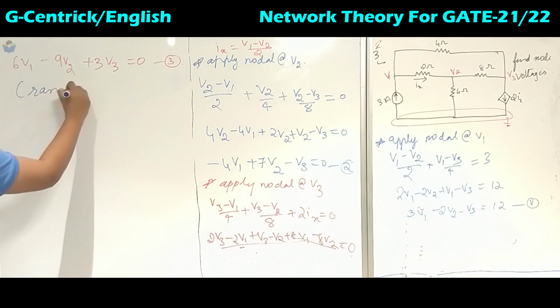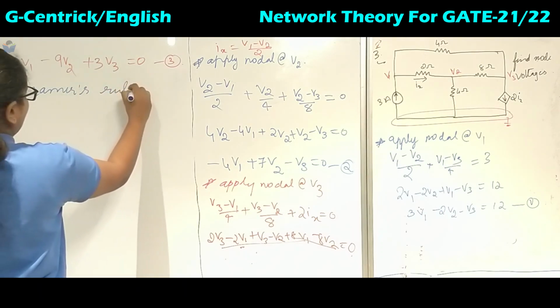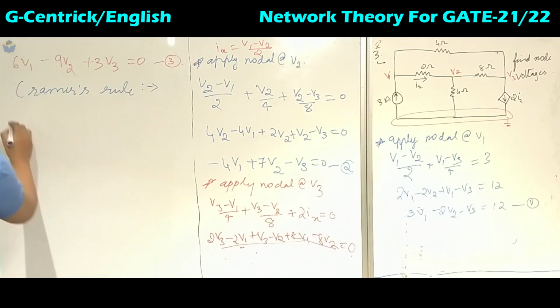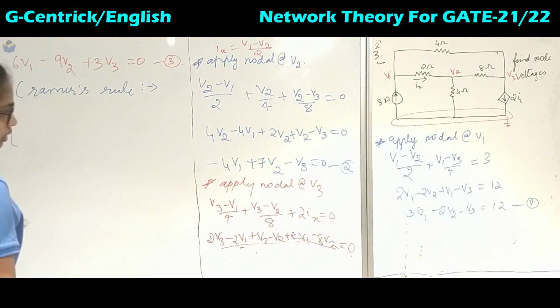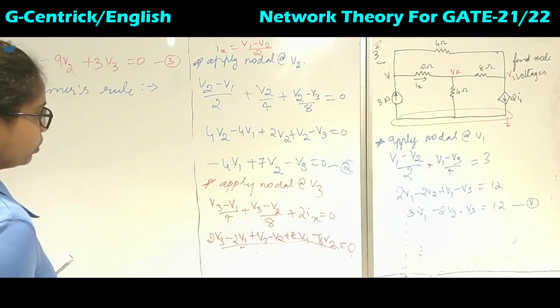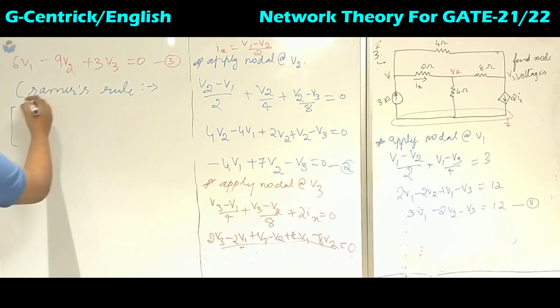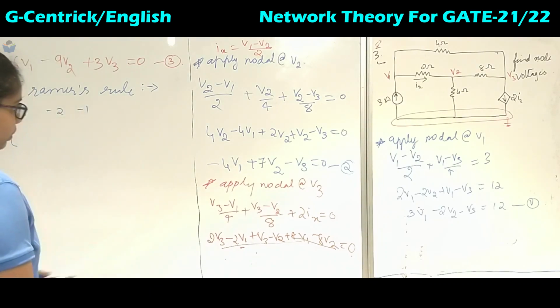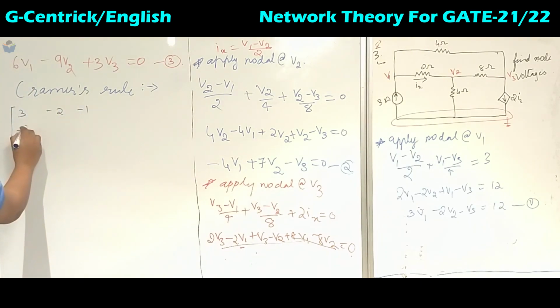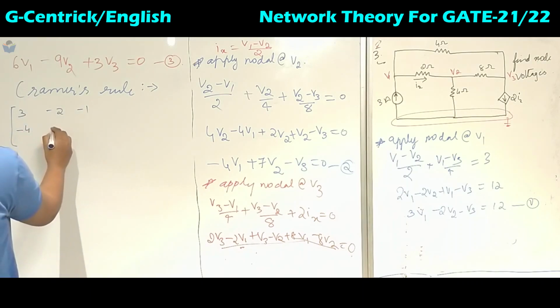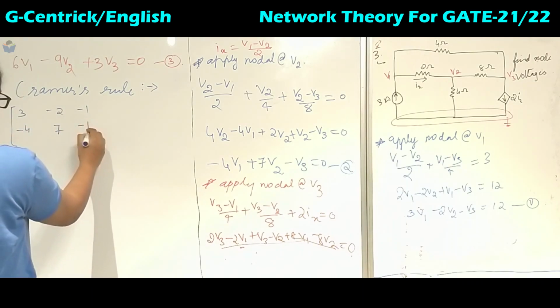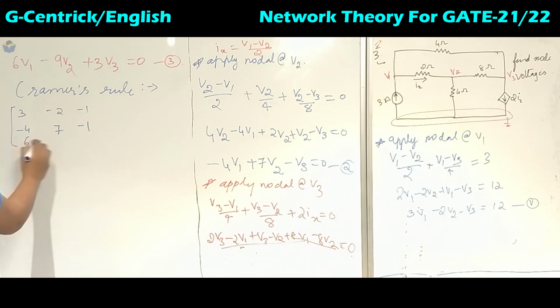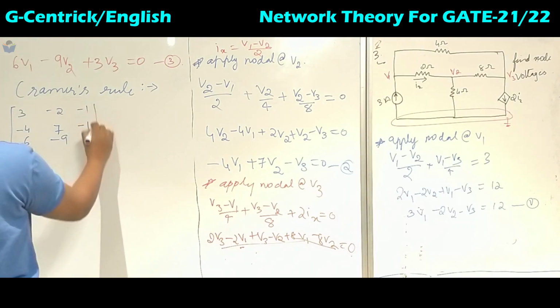Okay, so Cramer's rule. First write the equation in the matrix form. Using the first equation, we have got 3, minus 2 and minus 1, and the second equation we have minus 4, then 7 and minus 1, third equation we have 6, minus 9, 3.